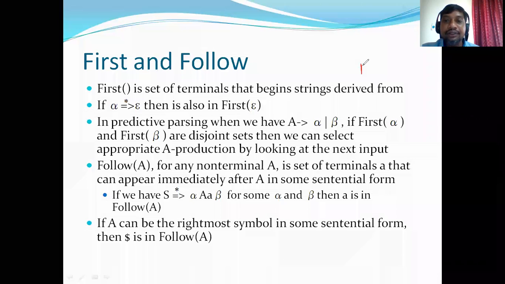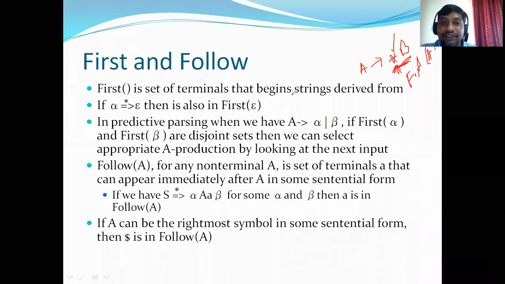A derives asterisk capital B. On the right hand side, this production rule starts with a terminal symbol. So this terminal symbol is said to be the first symbol, the first symbol of A. First of A is a set of terminals that begin strings derived from A.